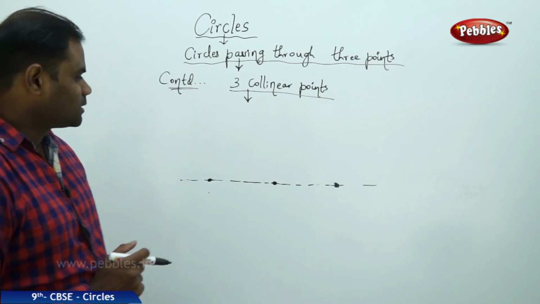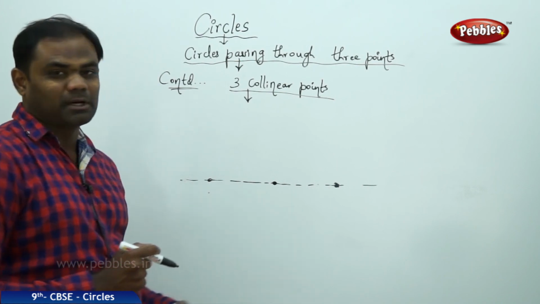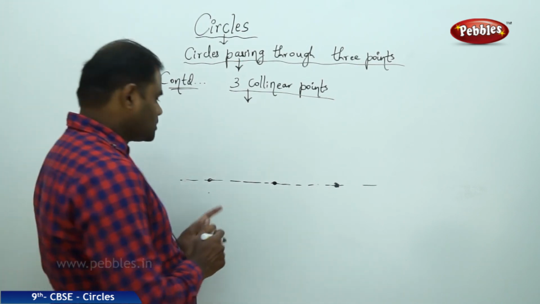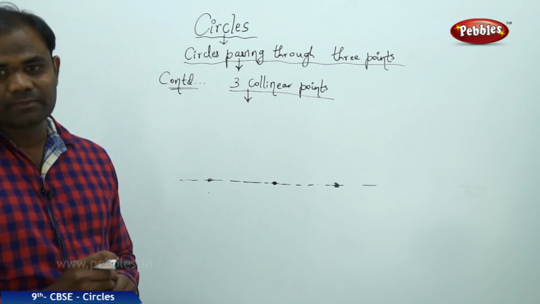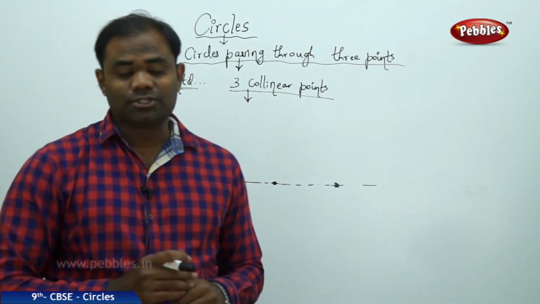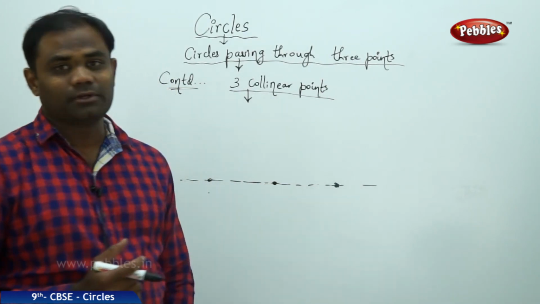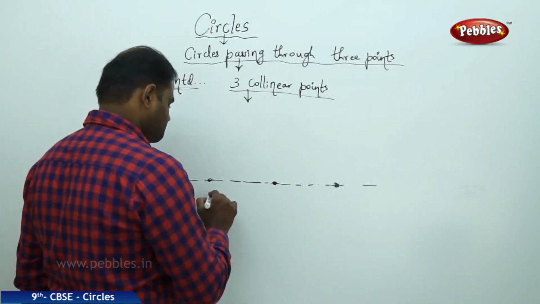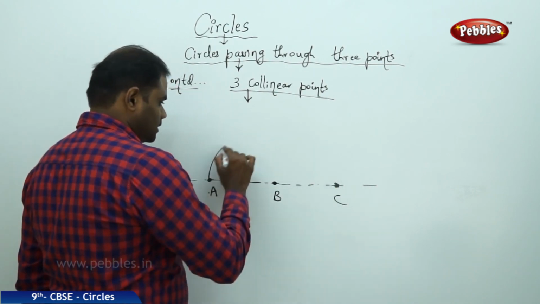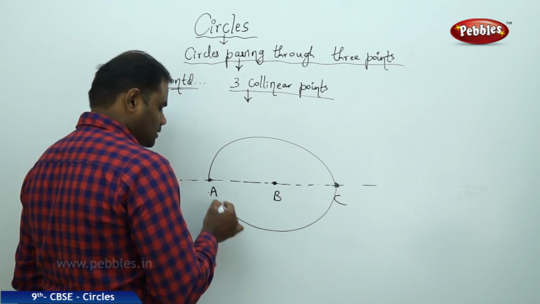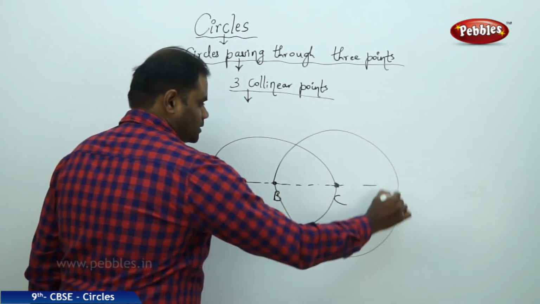Any circle I draw through 2 of these points does not pass through the third point, and hence I have 0, or I cannot draw any circle passing through all the 3 collinear points. The best I can draw is this, or the best I can draw is this.